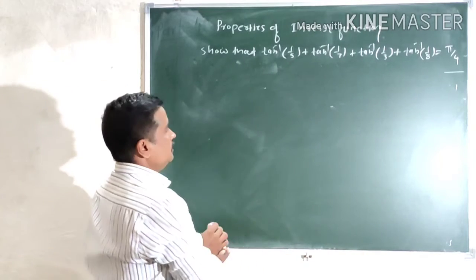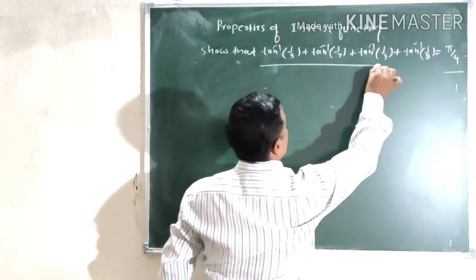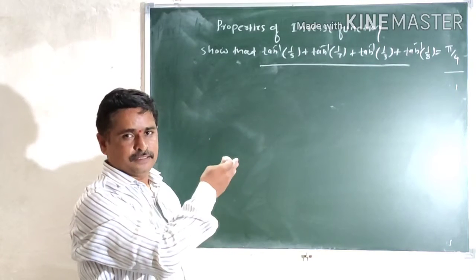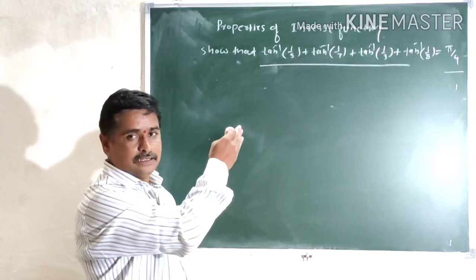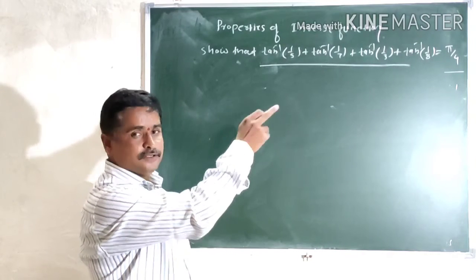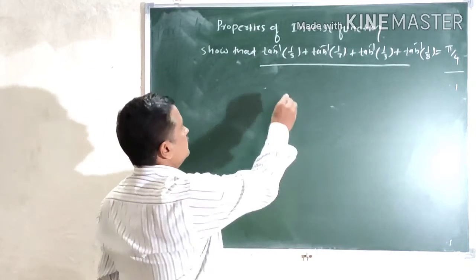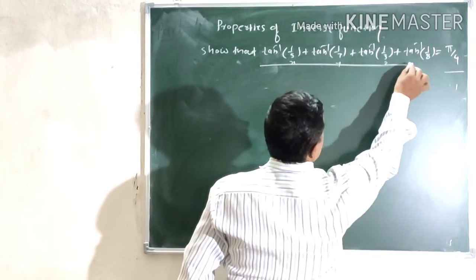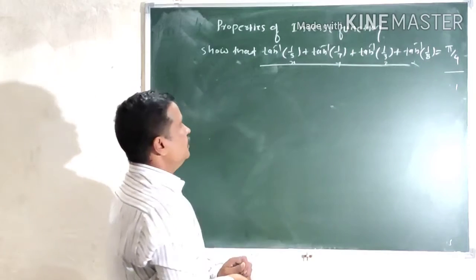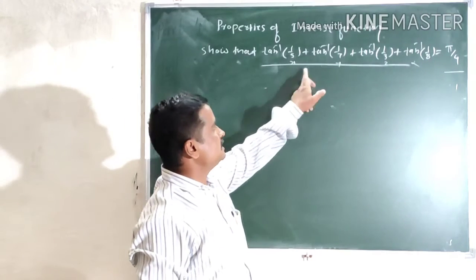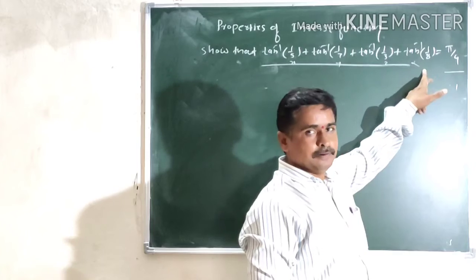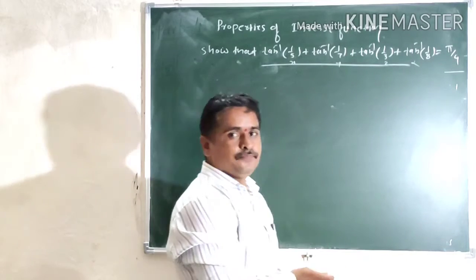That means we have to show that the summation of four tan inverse terms equals pi by 4. If they are x, y, z, alpha, we have to show tan inverse of x plus tan inverse of y plus tan inverse of z plus tan inverse of alpha has the value pi by 4.